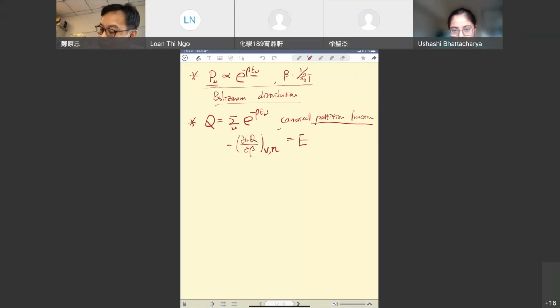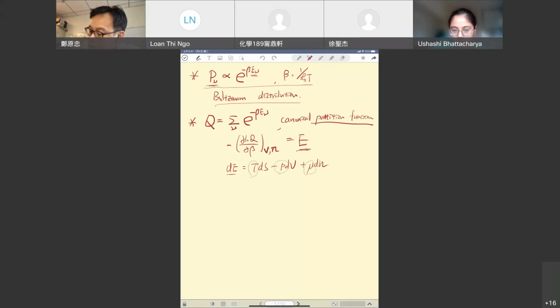And when energy can be calculated, then using our thermodynamic equation, dE is TdS minus PdV plus mu dN, if you can take derivatives of energy, then temperature, pressure, chemical potential, all thermodynamic properties can be calculated.